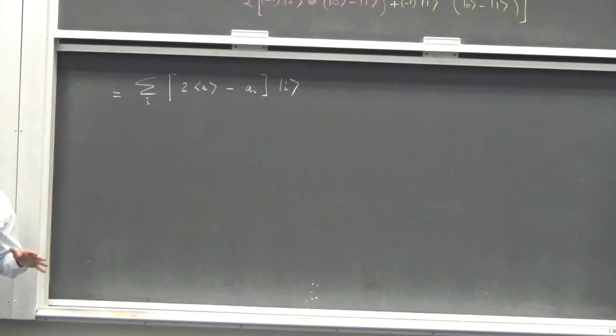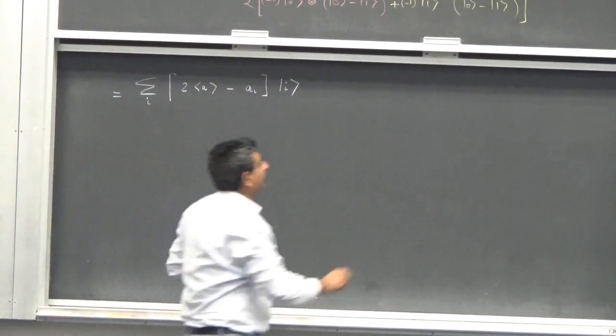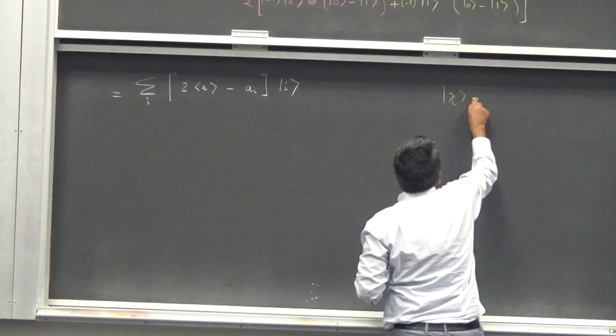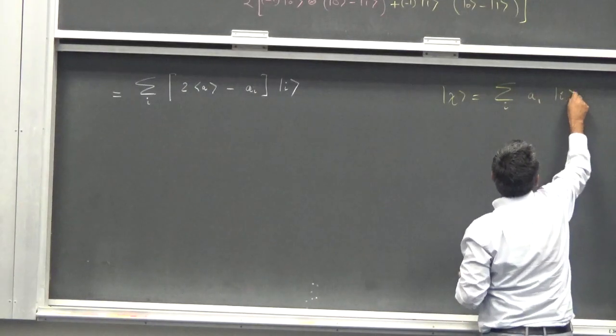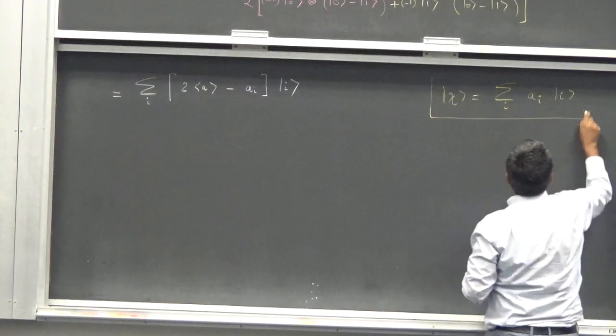So what is the impact of this strange looking operator, 2 times an outer product, acting on an arbitrary input state? What does this operator do? Just look at the output there. The input was this, let me rewrite that input over here. Ket psi is the sum over i of ai, complex amplitudes, times basis state ket i.